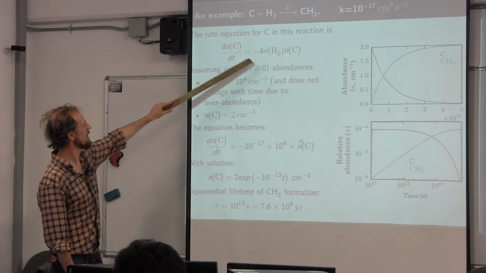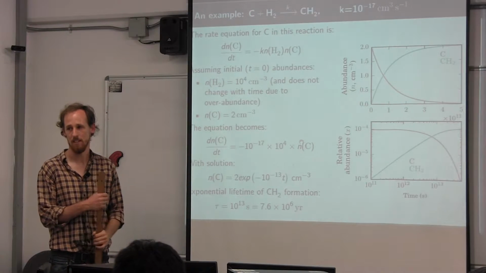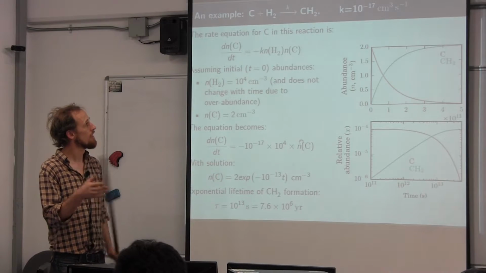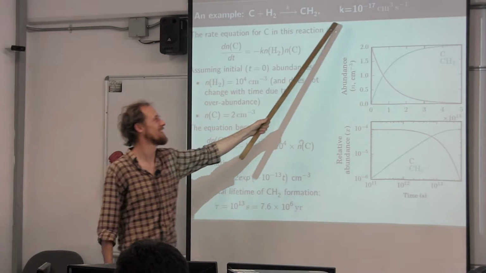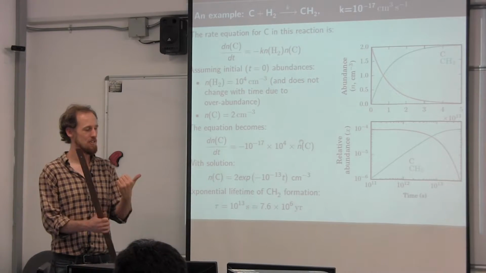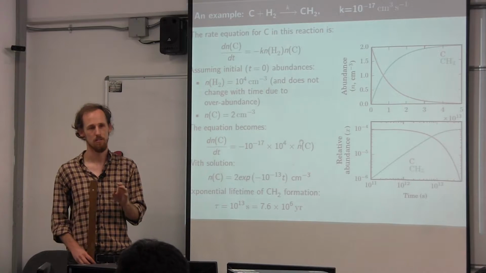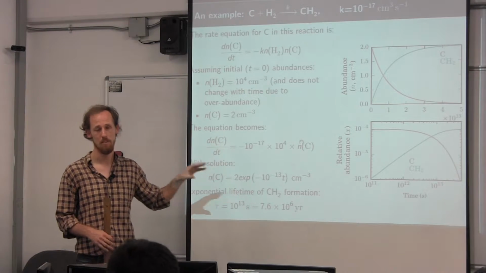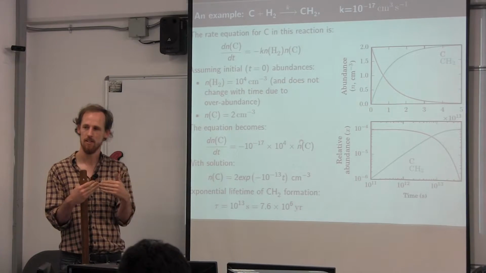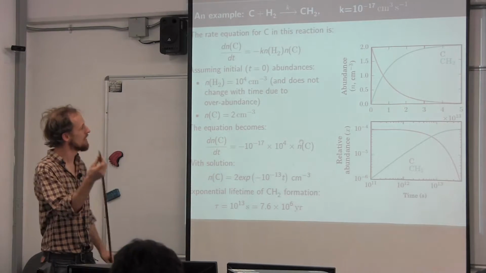We have the reaction rate is 10 to the minus 17 cubic centimeters per second. Where did you get that info? Where did I get that number from? I looked it up. But where does it come from? Well, you can calculate it in principle, although that's very difficult. We'll discuss this a bit more later, but it's to do with whether or not the particles are attracted to one another, how physically big they are, and some other effects like that.